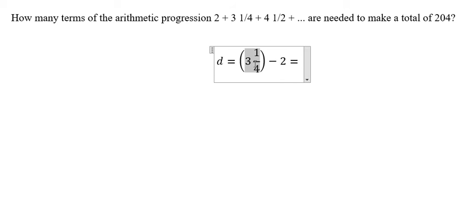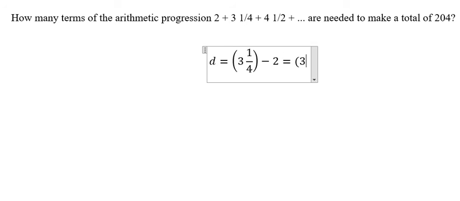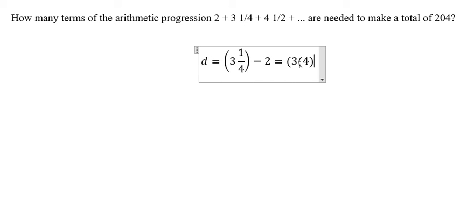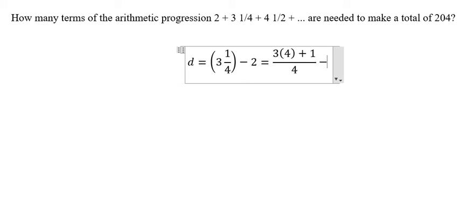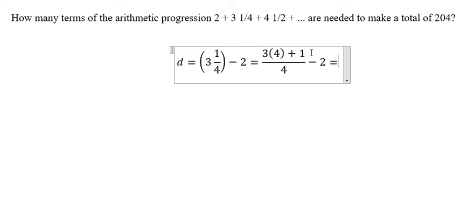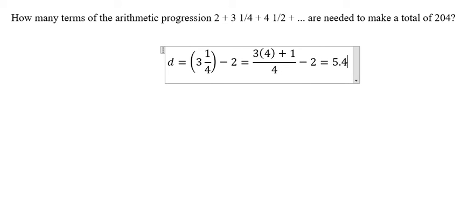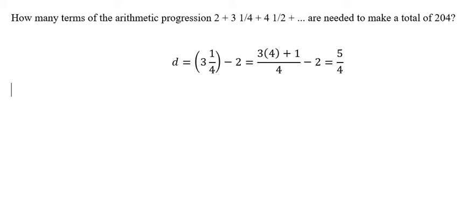We know that this is about the common ratio, so we can put it like this. And this one we have 5/4. And the next one, the first term of this one, that is number 2.